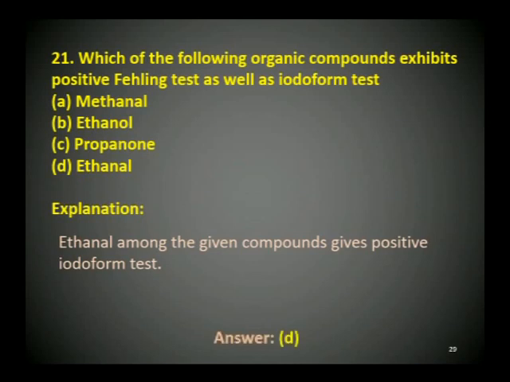So that is why the answer is D. Ethanal, which is nothing but acetaldehyde, is giving a positive test towards Fehling solutions, Fehling A and B, as well as the iodoform reaction also.